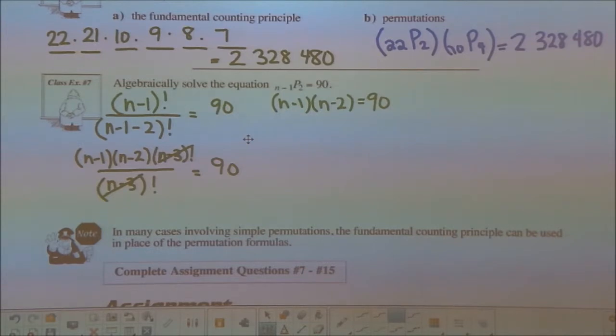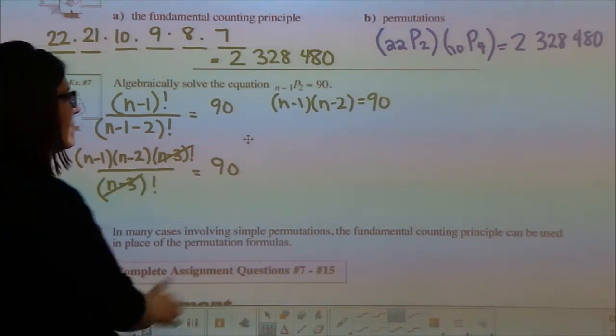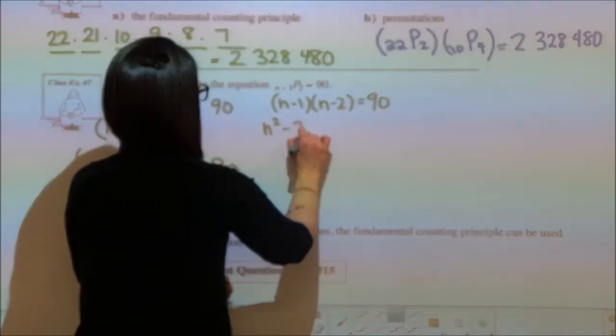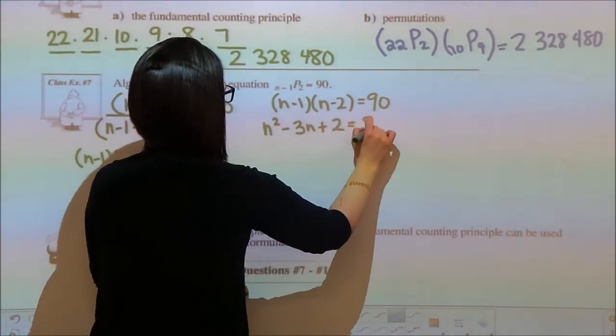And how would I proceed at this point? What would I do next? Expand your n minus 1 and n minus 2.